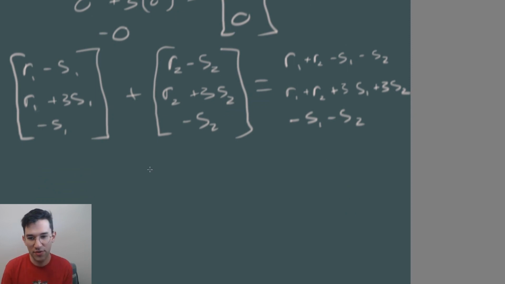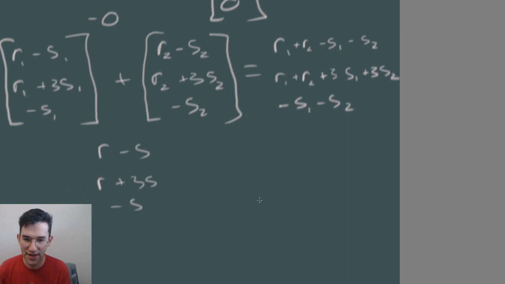So essentially, we want to try and get it into the form where we have R minus S, so something minus S, plus 3S, negative S. I want to try and get that into that form.